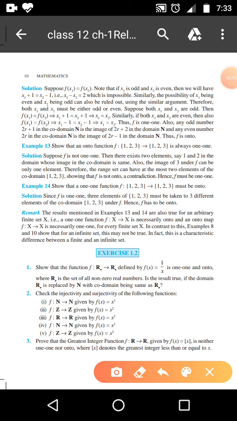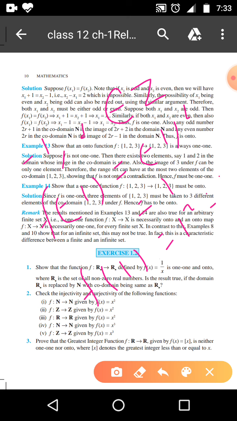Similarly, the given function f from Z to Z, f(x) = x square, is the same function from Z to Z. If we talk about Z to Z, you just see minus 1 and plus 1 belong to Z. Yes, these are the positive and negative integers. And f(-1) is equal to (-1) square, that is 1. f(+1) is equal to 1 square, that is 1.